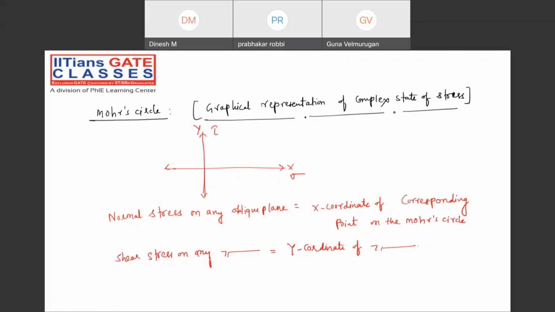Before that, note down the sign convention that is mandatory with respect to the strength of materials subject. Once it is done, let me know. Done, all of you?